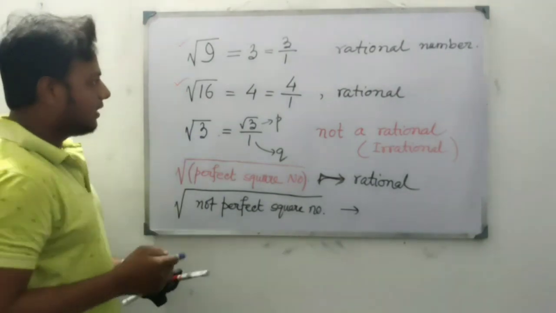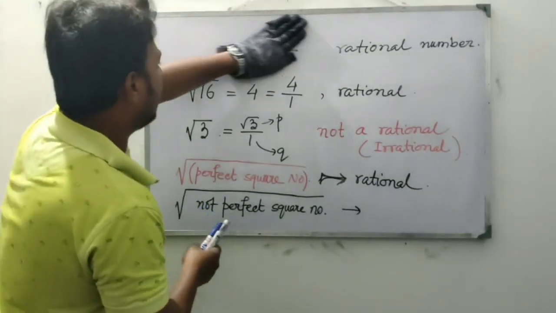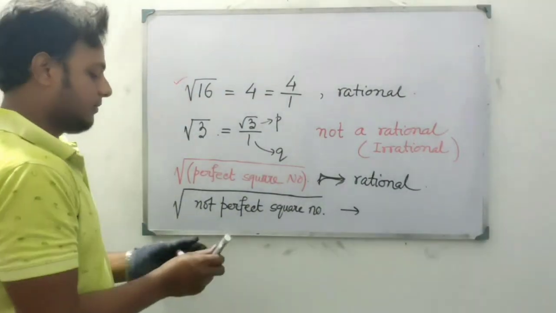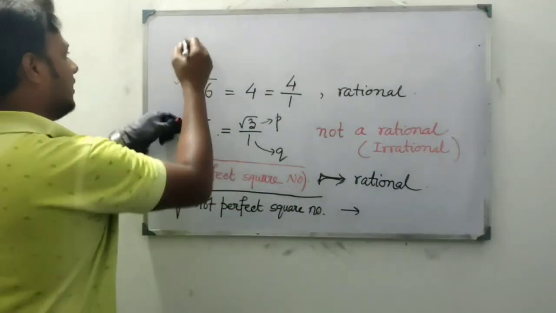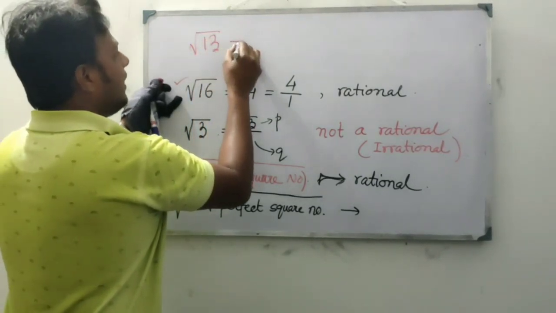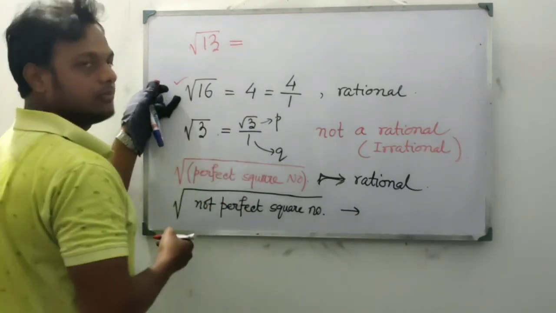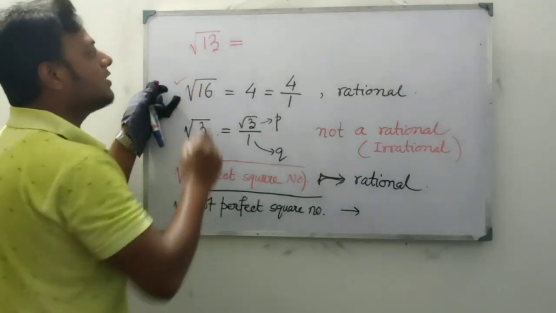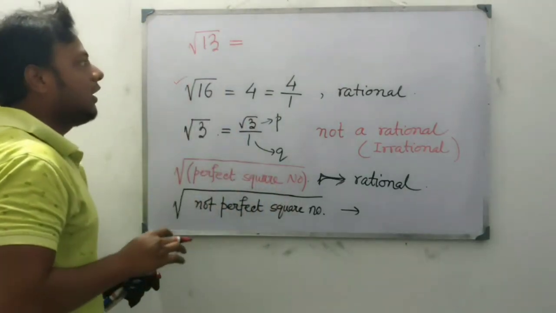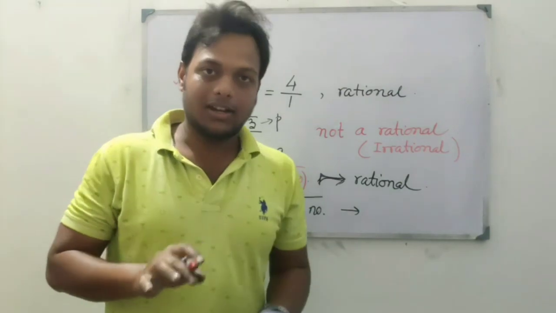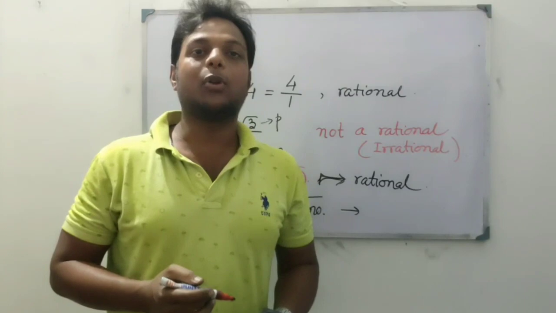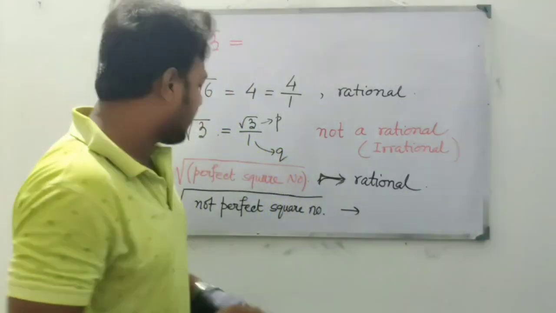I am considering one more example: root over 5, root over 7, root over 13. Root over 13 can't be expressed into the form p by q, since 13 is not a perfect square number. That means there is no exact value of root over 13. You can calculate the value of root over 13 only by an approximation value. Is it clear?